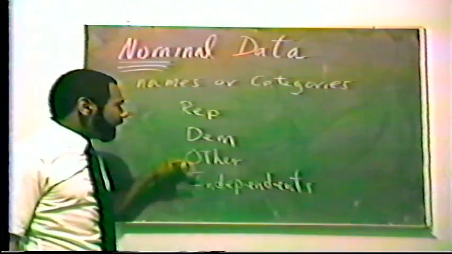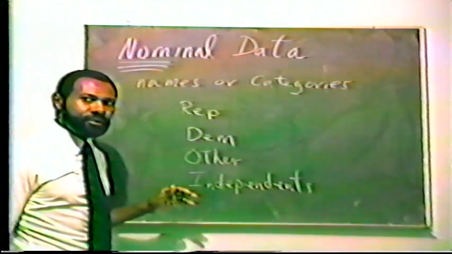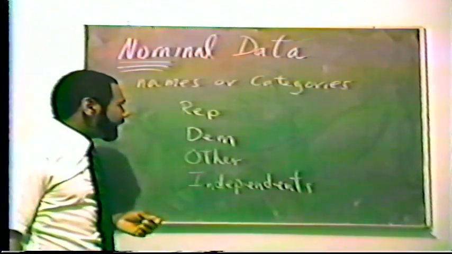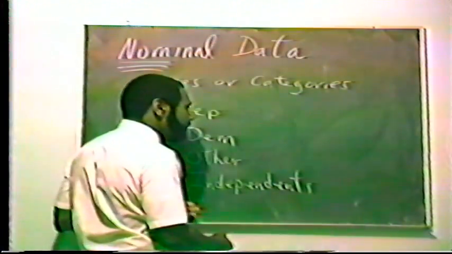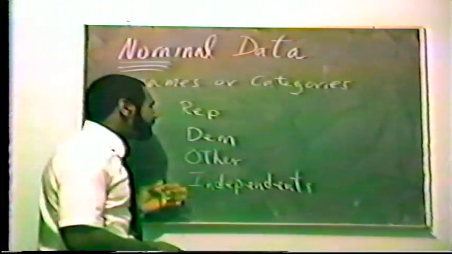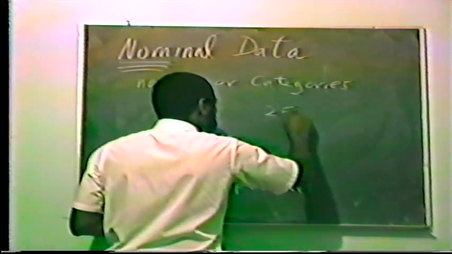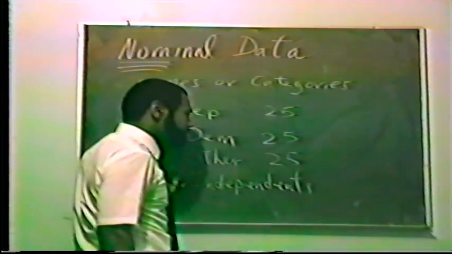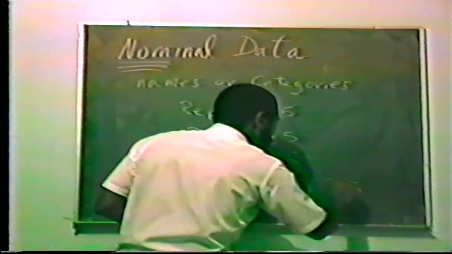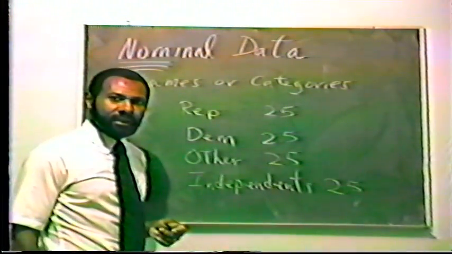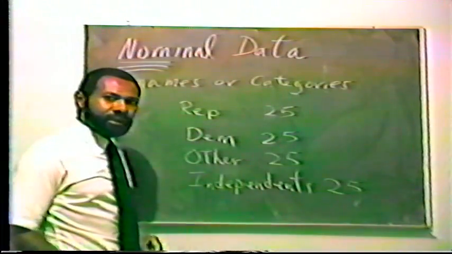So we could have many different categories of individuals as far as political perspectives are concerned. We might find in a group of, say, 100 individuals, that we have 25 Republicans, 25 Democrats, 25 members of other parties, and 25 individuals that are not members of any party. So these are examples of nominal data.